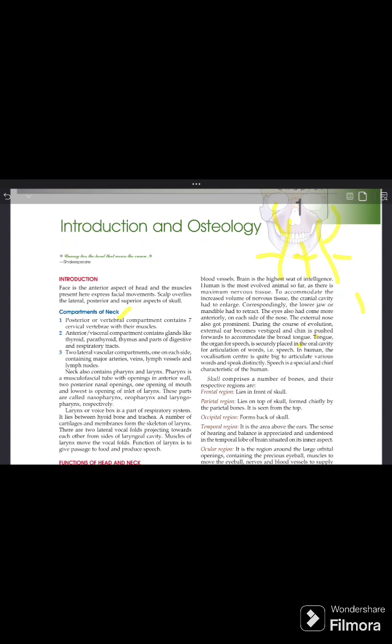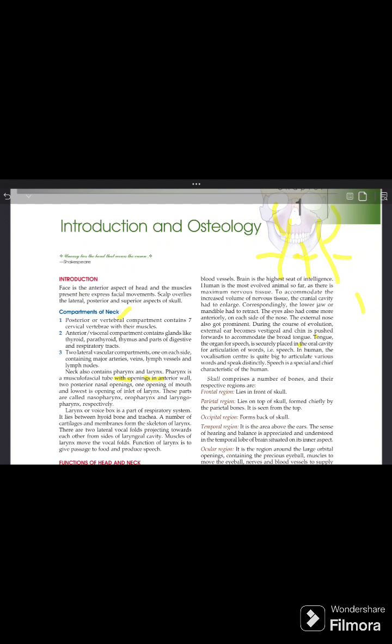The neck also contains the pharynx and larynx. The pharynx is the common link between the food pipe and the windpipe. The larynx is in the windpipe, and it is also called the speech box, as it is used for phonation. There are 2 posterior nasal openings, one opening of the mouth, and lowest is the inlet of the larynx.